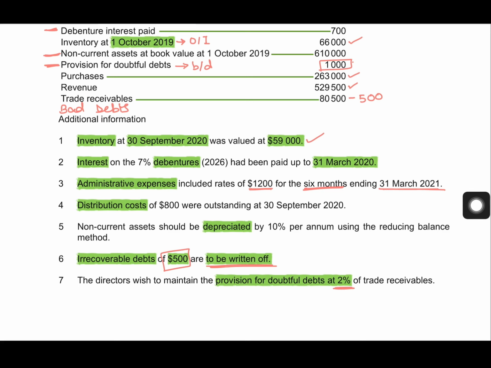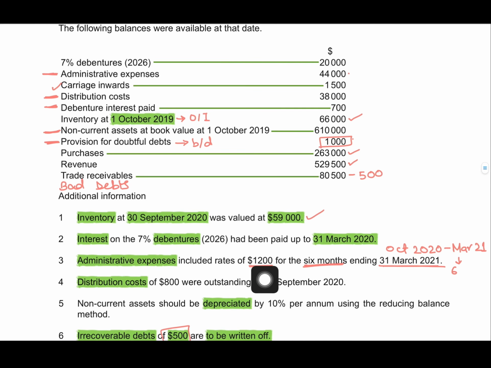Now in adjustment number 3, it says that rates of $1,200 for the 6 months ending 31st March 2021 have already been paid. 6 months ending 31st March means from March 6 months back, right? So that would be October 2020 till March 2021. October, November, December, January, February, March, 6 months. These 6 months rates have already been paid, and the amount is $1,200, and this means that this $1,200 is already there in the 44,000 admin expenses given to us in the list of balances. But do you think that these 1,200 should belong to the expenses of the current year? No, because this is a prepaid expense, right?